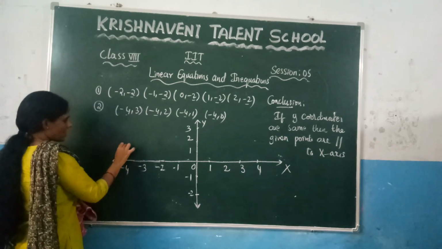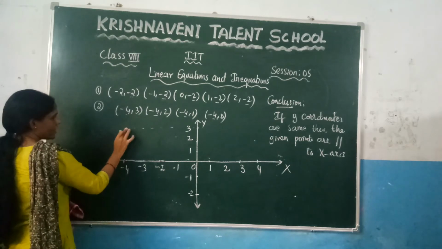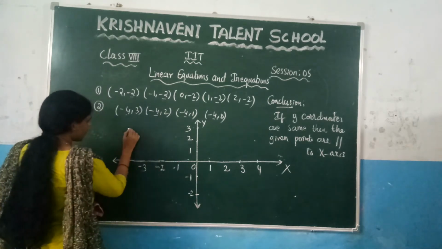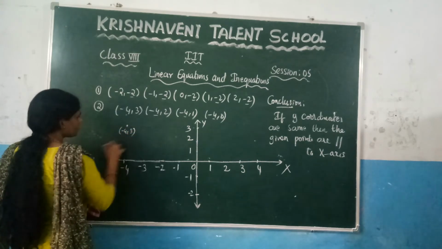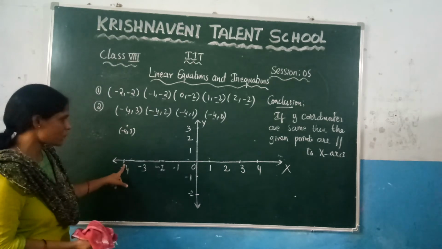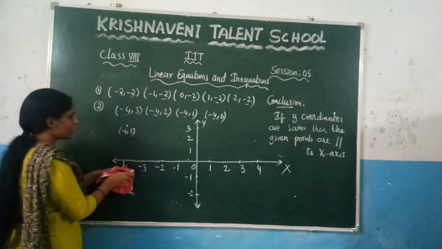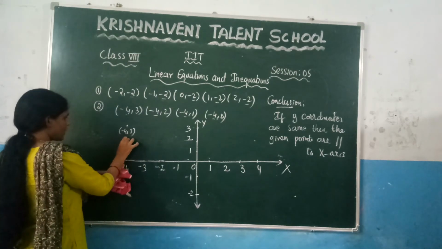So (-4, 3), that means here 3 is there. So you will get somewhere around here, right? So write here (-4, 3). And after that (-4, 2). Again this is -4 and where is 2 here? This is 2. And again you will get somewhere here, right?